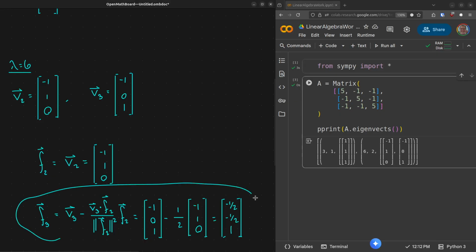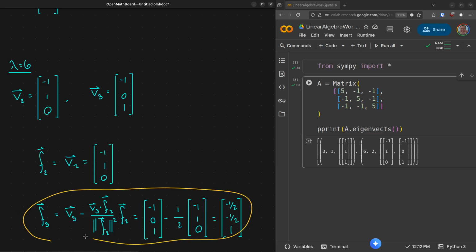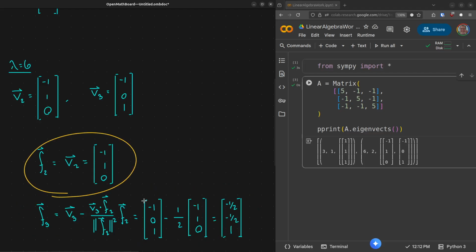This vector f3 is now orthogonal to vector f2. And these two vectors now form a basis for the same eigenspace that the original vectors form. So these are now orthogonal to each other, and they form an orthogonal basis.